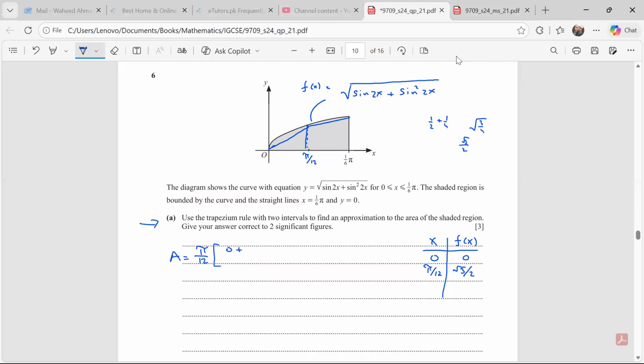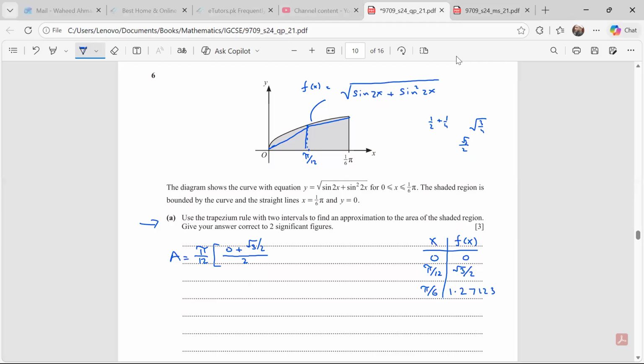Similarly, when we calculated the value of this function at pi by 6, it gave us the numerical value 1.27123. We will need these values for using the trapezoidal rule. For the first trapezoid, the area is going to be 0 plus root 3 by 2, divided by 2, times pi by 12.